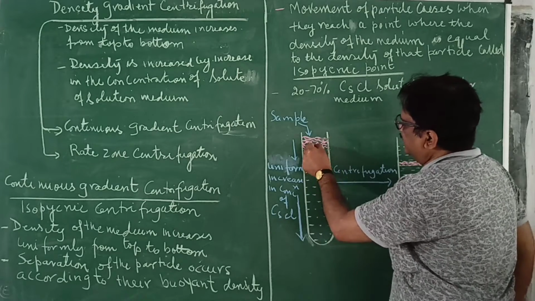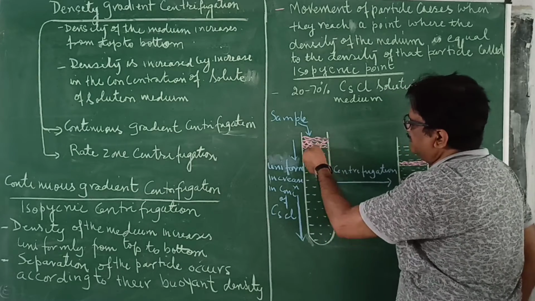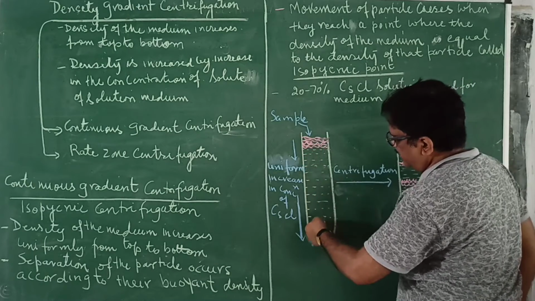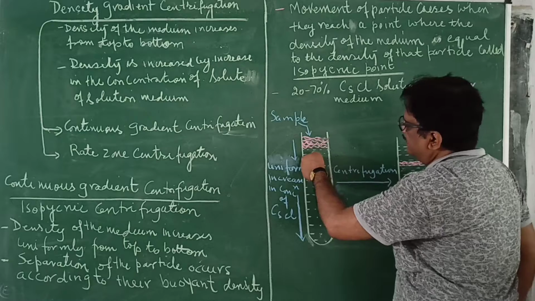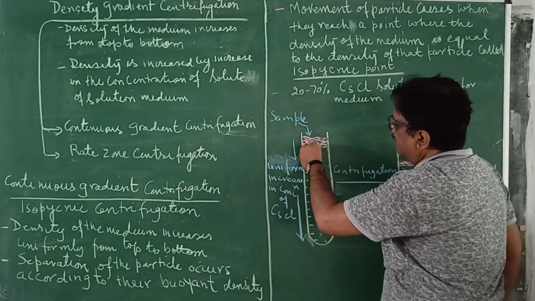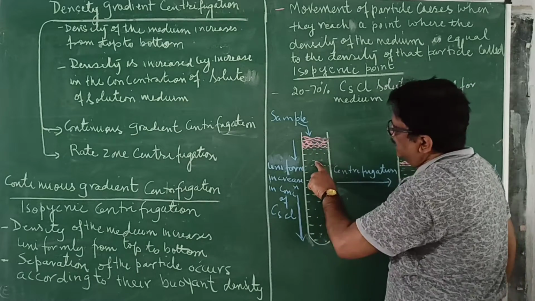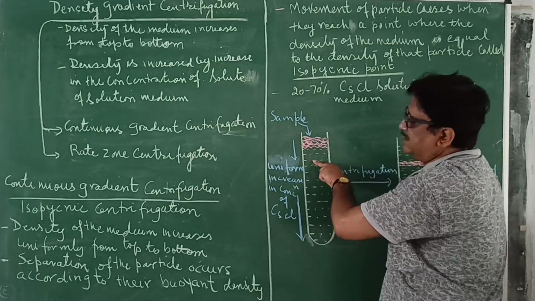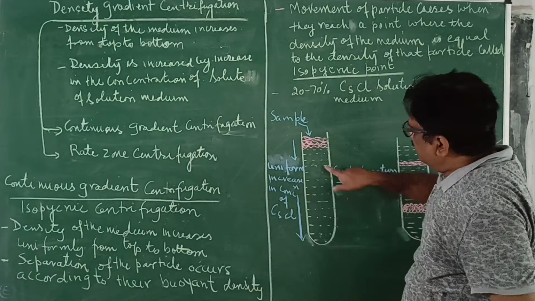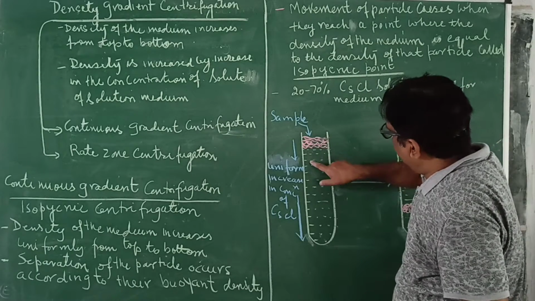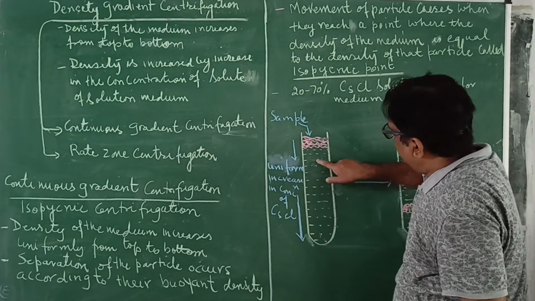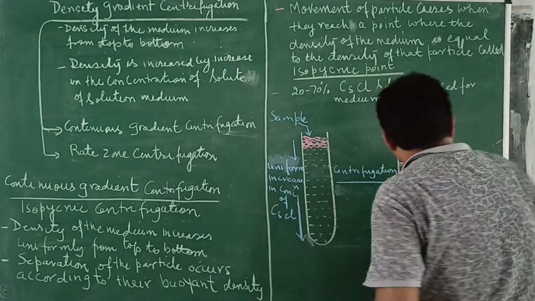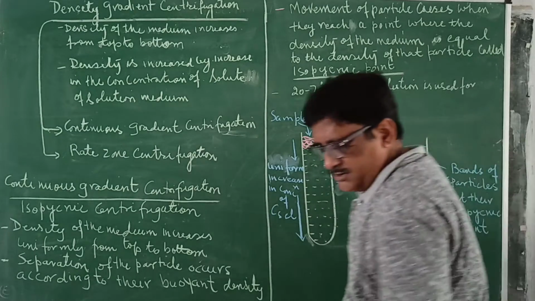Suppose a particle of very low density moves down the solution medium; when it reaches this point, its movement ceases and the particle stops over here. That means this very point has a density equal to that particular particle.